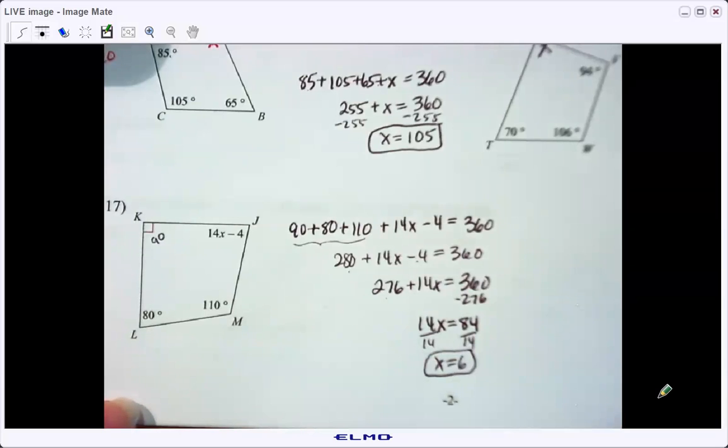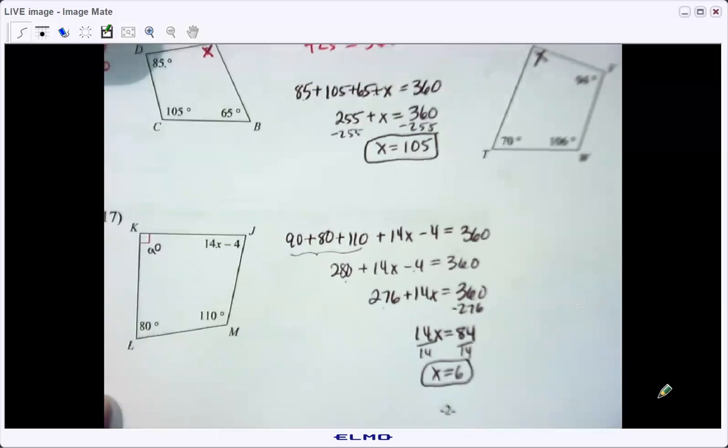It is super easy to add wrong on something like this when you've got four or five numbers. Yeah, it's important. That's why we're doing these together. I want you to have the ability to say, I know what I need to do.